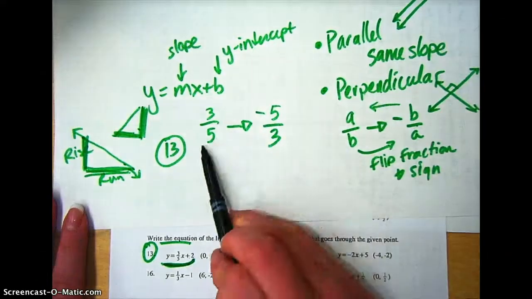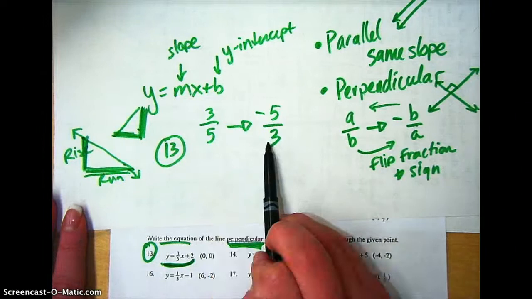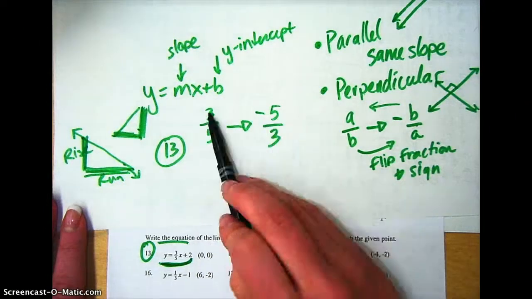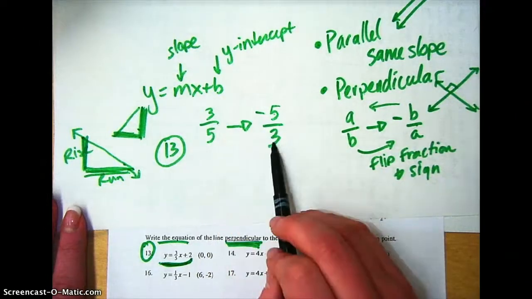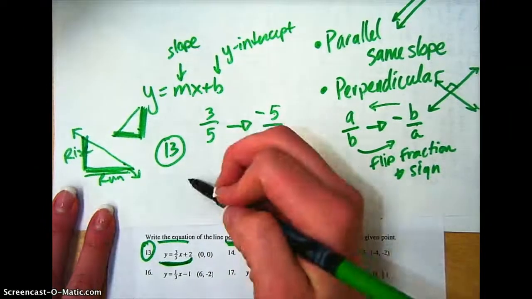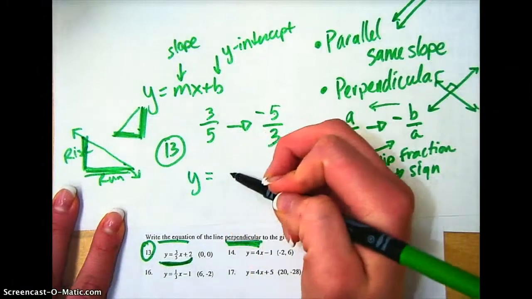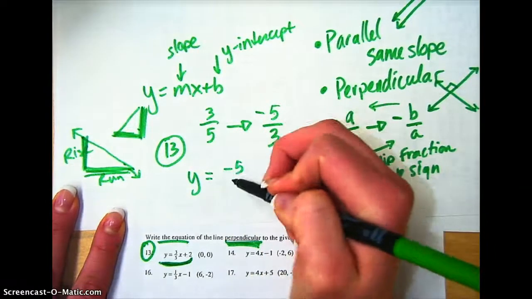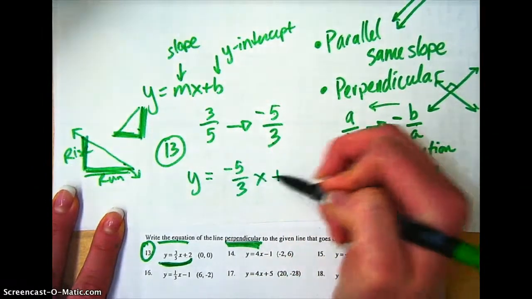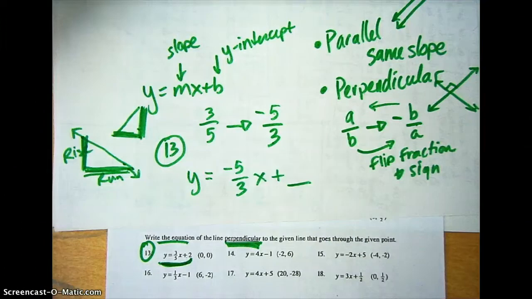It went from positive to negative, that's a sign flip, and it went from 3 over 5 to 5 over 3. The fraction flipped as well. So my new rule will be y equals negative 5/3 x plus some number. That is the line perpendicular.